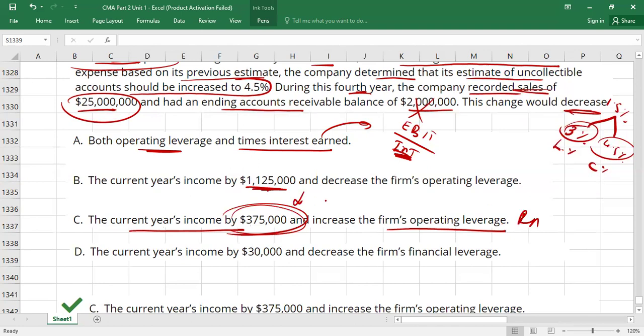Decrease in income means increase in risk. So this is the option actually. Current year income is decreased by 375,000. Okay, guys, answer C is correct. I hope it is clear, guys. See you next time. Thank you so much.